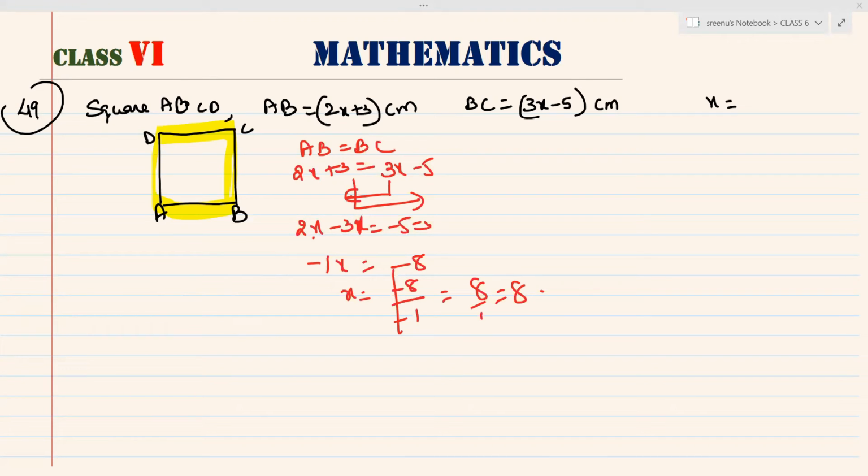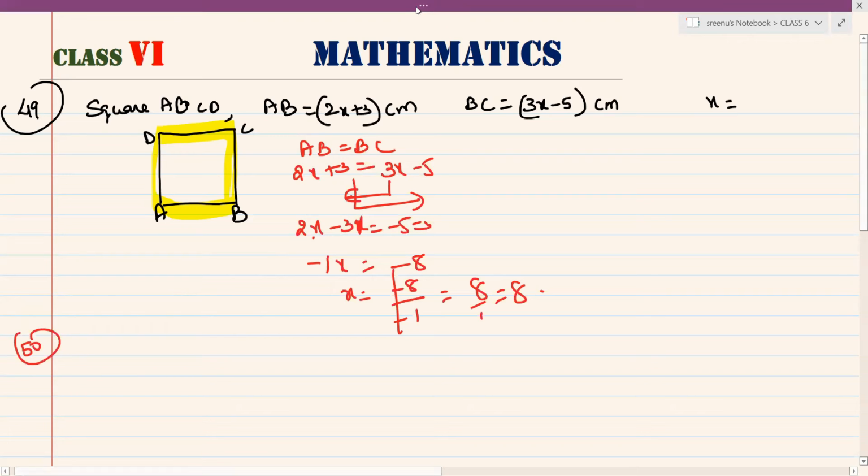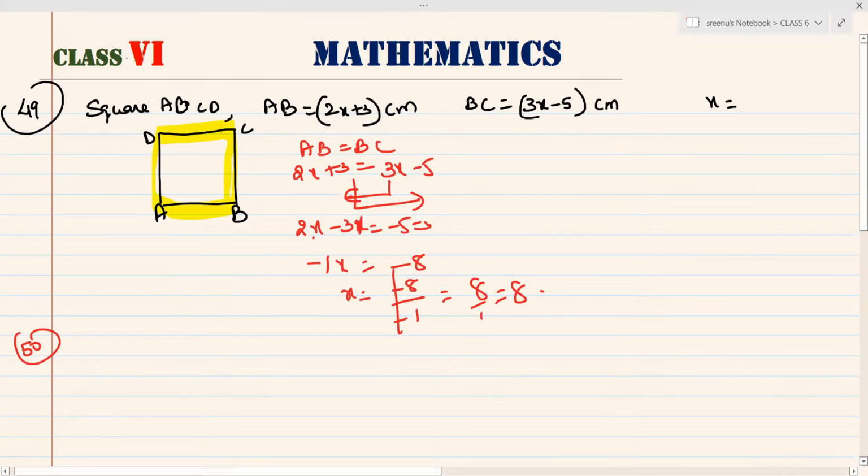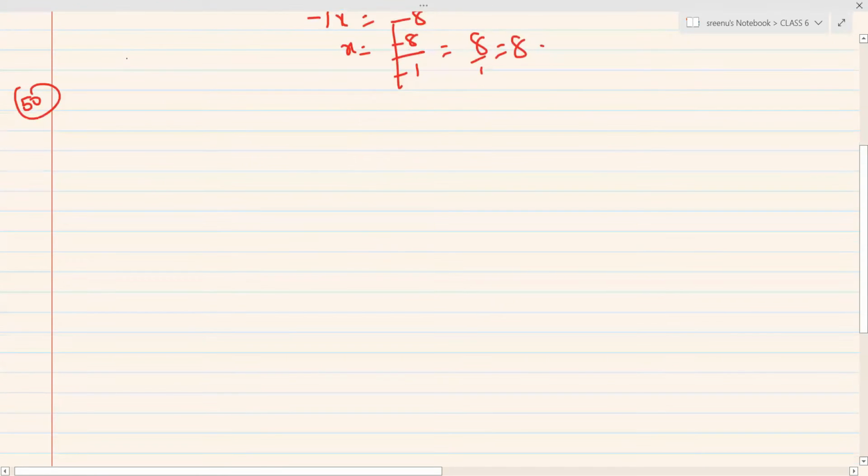Next, 50. The 50 question is given like this. In a square ABCD. This is also square ABCD. The diagonal AC drawn, then what is the angle BAC?